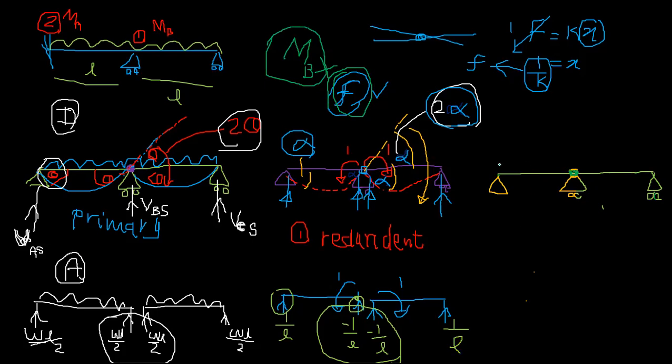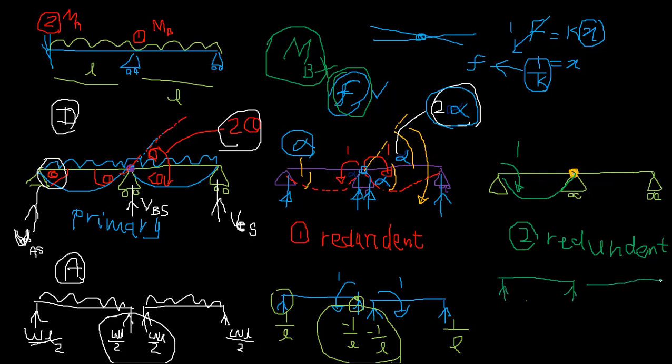So here we are applying it at the first coordinate, second coordinate. Second redundant. So if you apply, only this part will move. It is not affecting this part because there's a hinge separated, right? So this is 1. So only this will have some reaction. These actions are 0.